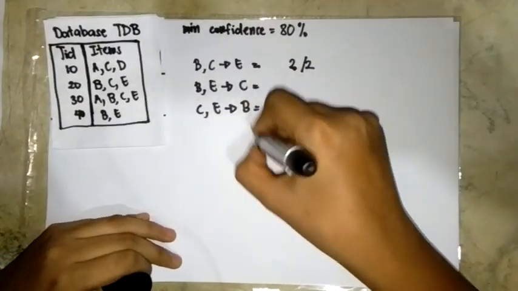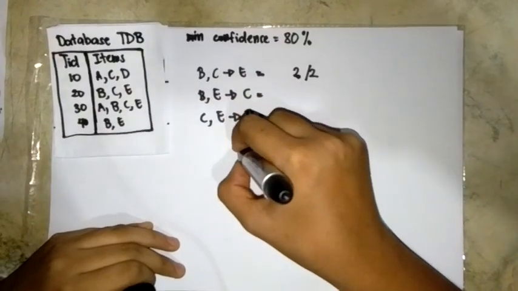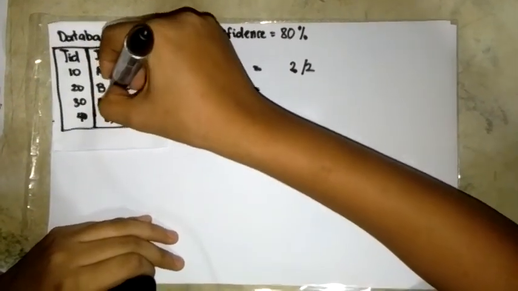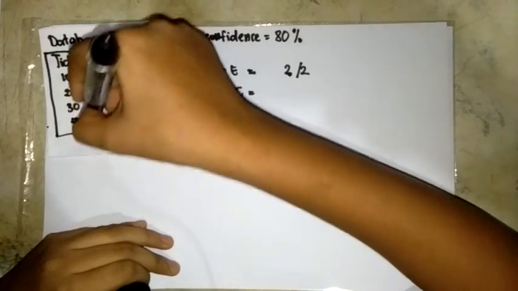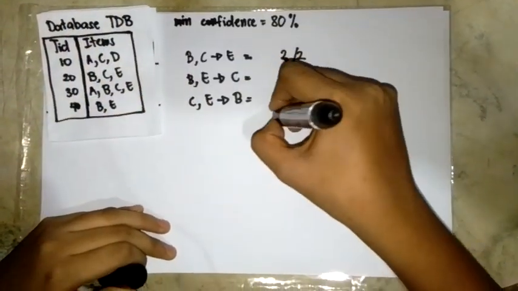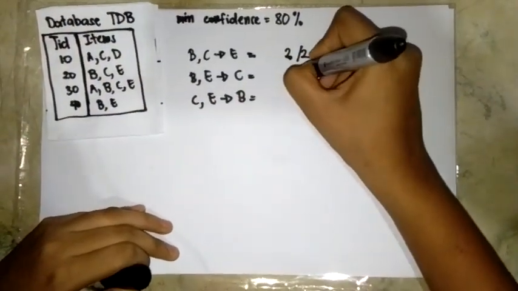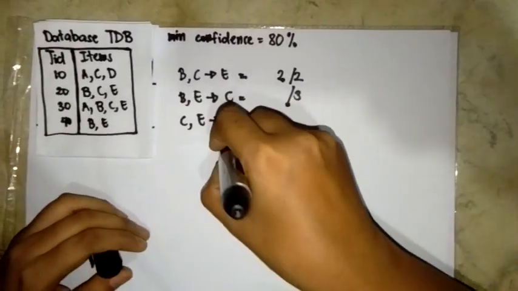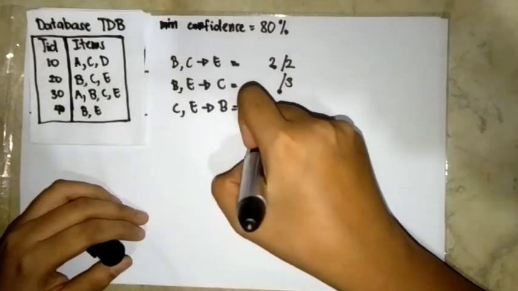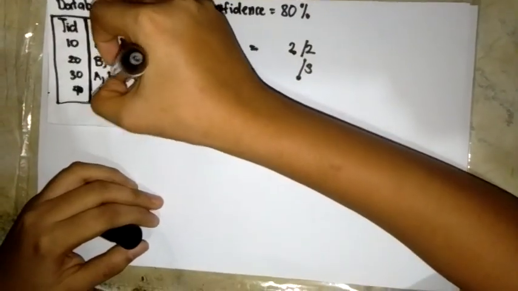How many BE in the transaction? 1 and 2 and 3. So let's put the answer on the right side. So how many C in BE? We have 1 and 2. So let's put the answer on the left side. And then how many CE in the transaction? We have 1 and 2.